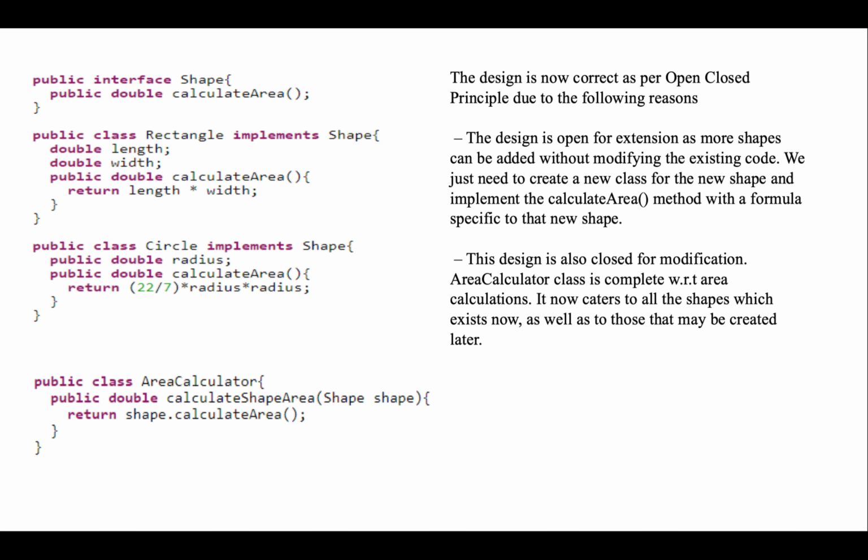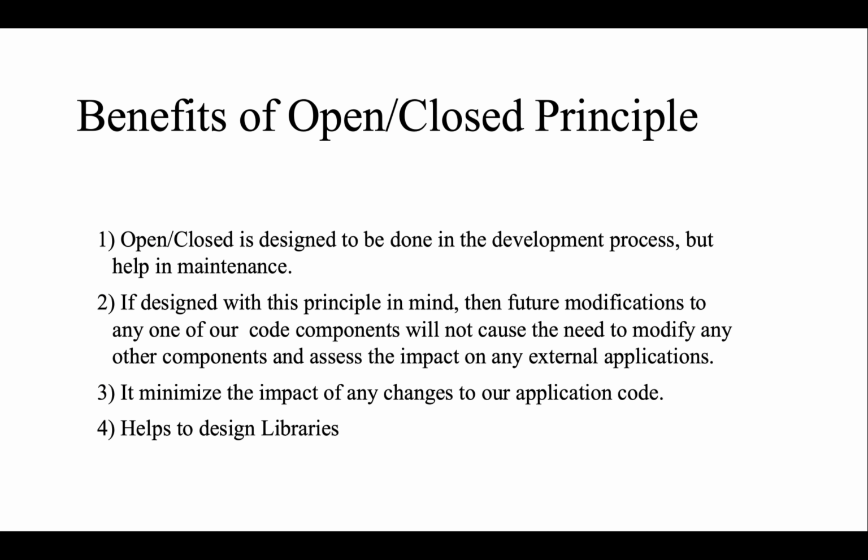Now let's check the advantages or the benefits we are getting from this principle. This principle needs to be applied in the development process, but it helps us in the maintenance. If we design our code keeping in mind this principle, then for all the future modifications, all the code changes that we will get in the maintenance phase, there will be very few changes, and that will not impact the existing code or the external applications which are using our libraries.